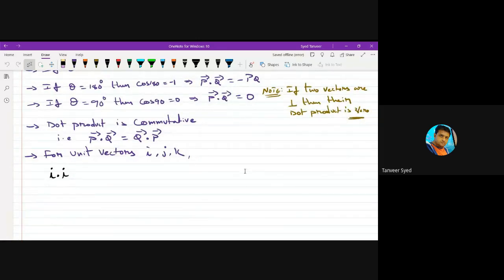What is its magnitude? If xi plus yj plus zk is one vector, what is the magnitude of that vector? Root over x square plus y square plus z square. That is the magnitude.